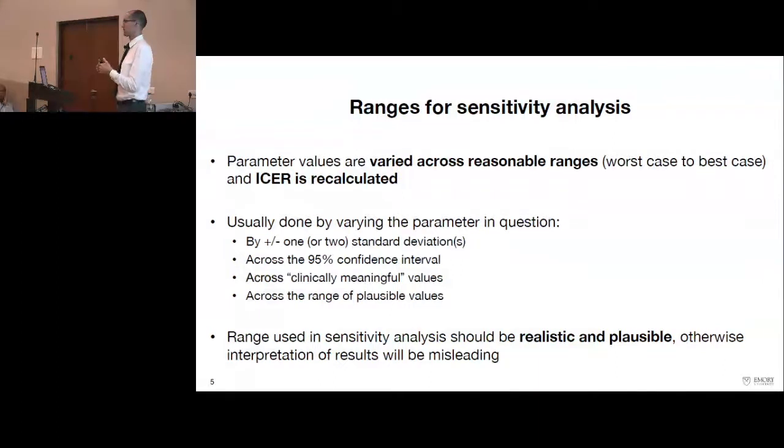Age, for example, can be a parameter in your model that cannot be negative. Probably above 120 should not make much sense. So it always depends on the particular parameter in question, what makes sense.